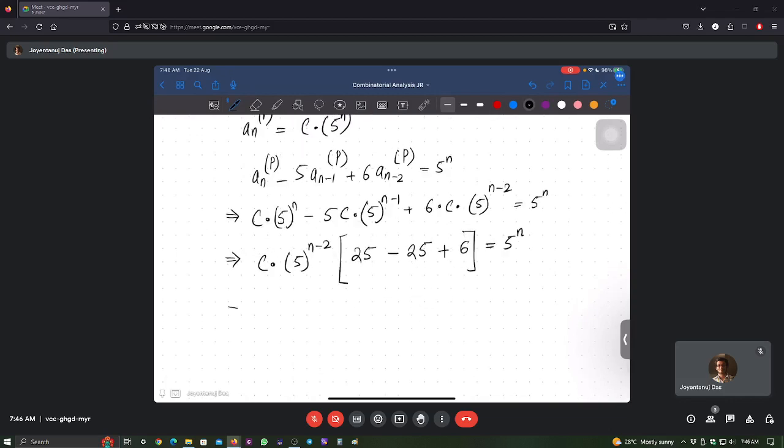So that will cancel out, leaving 6c on the left, and the right hand side is 25 times 5 power n minus 2. So c is 25 by 6.